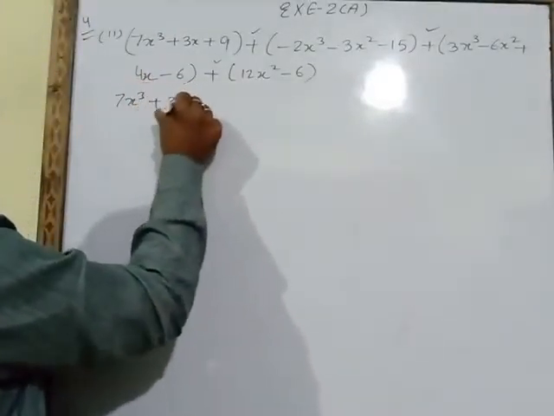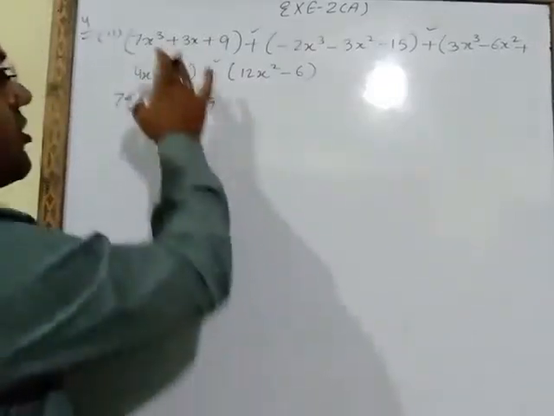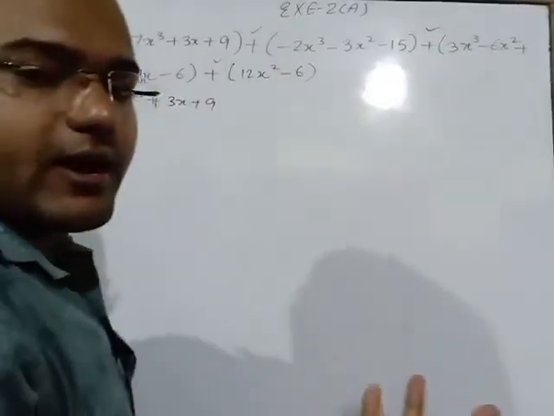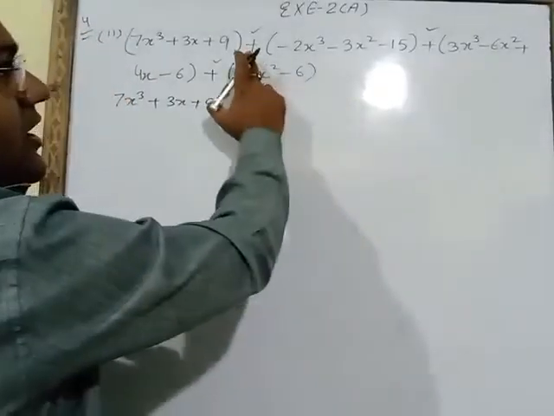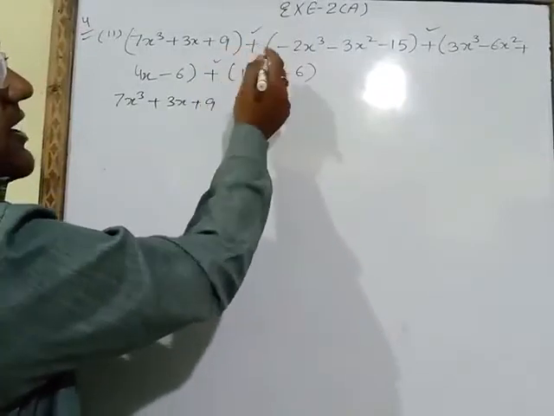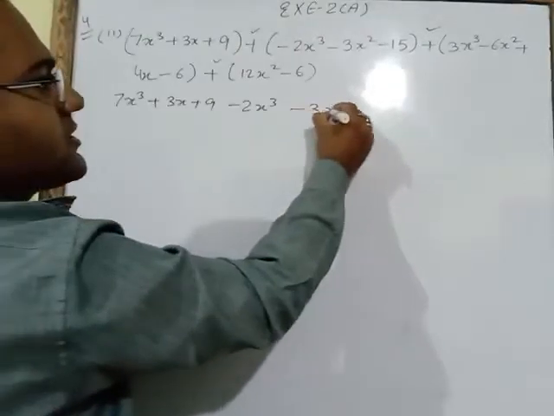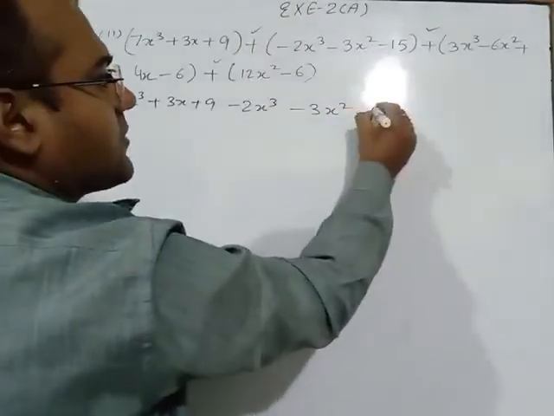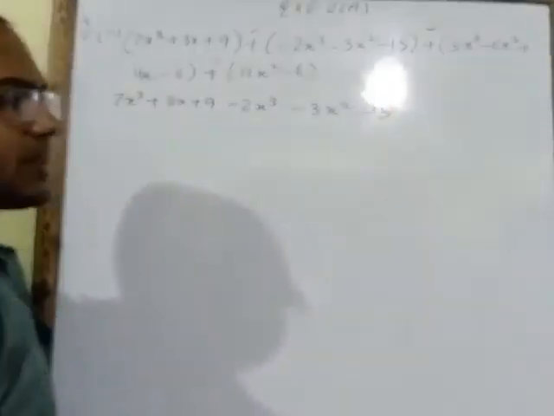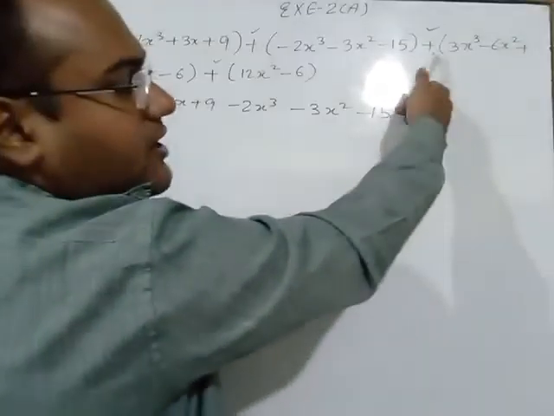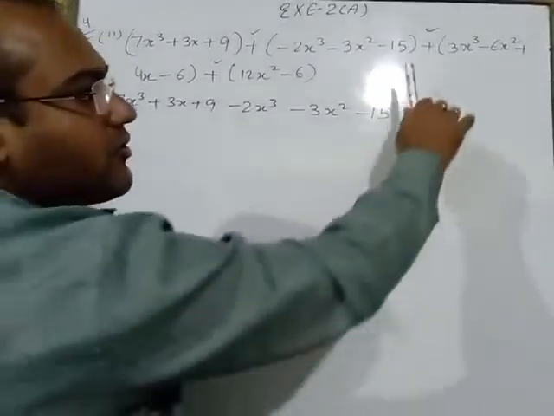7x cube plus 3x plus 9 we will write as it is because on the left hand of the bracket no sign is there. Now here outside the bracket on the left hand plus sign is there. Plus minus minus plus minus minus 3x square plus minus minus 50. Now outside this bracket on the left hand plus sign is there, so we will again check.